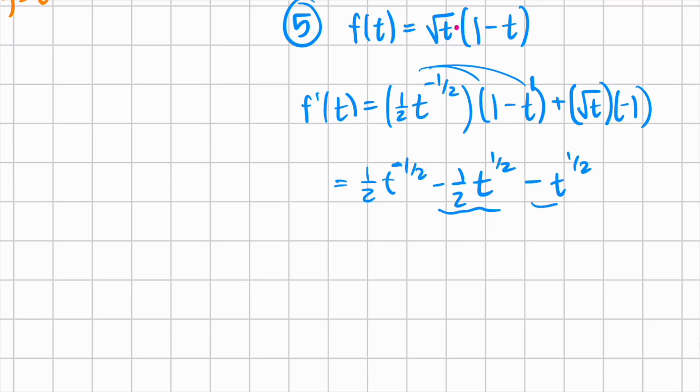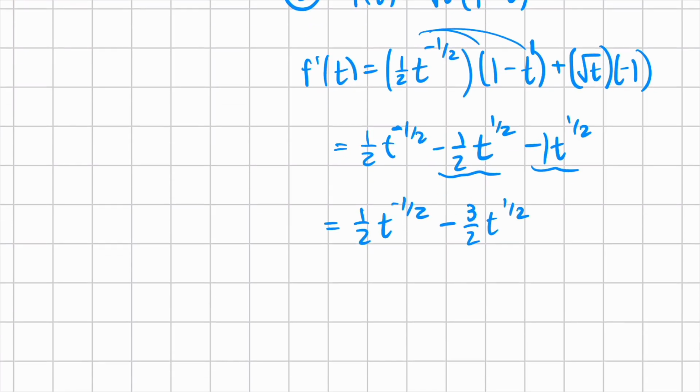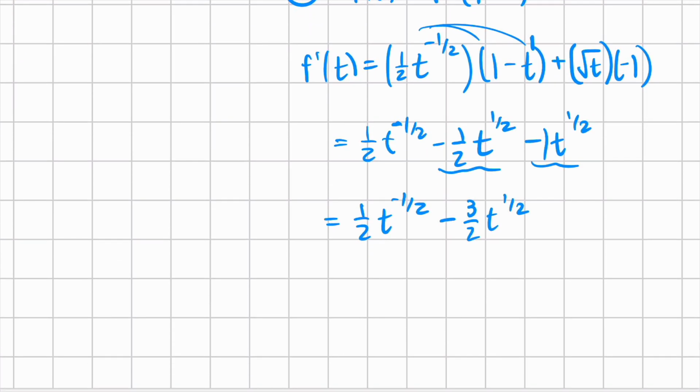I'm going to combine these two terms. We get 1/2 t to the negative 1/2 minus, this is 1, so 3/2 t to the 1/2. And then I'm going to factor out a 1/2 t to the negative 1/2. I'm left with 1 minus 3t.